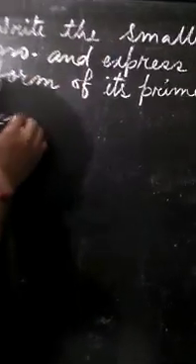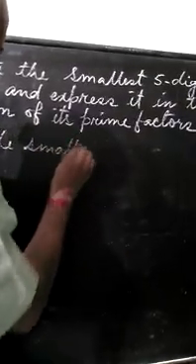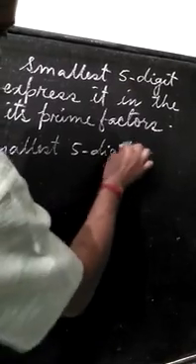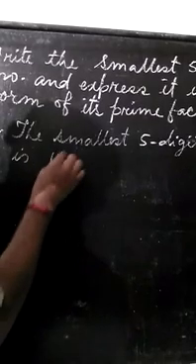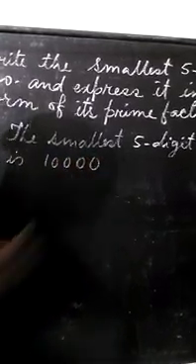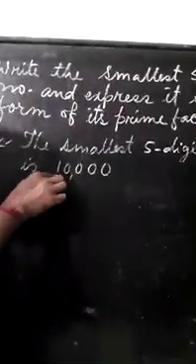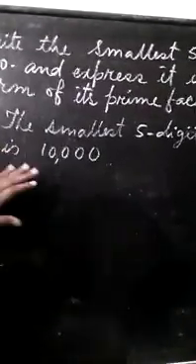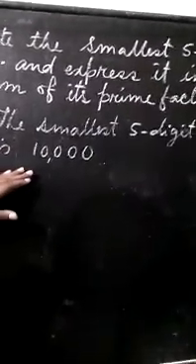So the smallest 5-digit number is, students, how much? 1, 0, 0, 0, 0. It is 10,000. 1, 2, 3, 4, 5, 5 digits are there, that is 10,000. Now you have to express this number in the form of its prime factors.